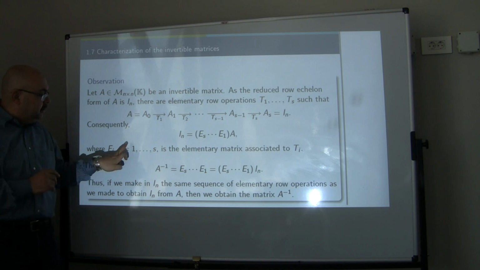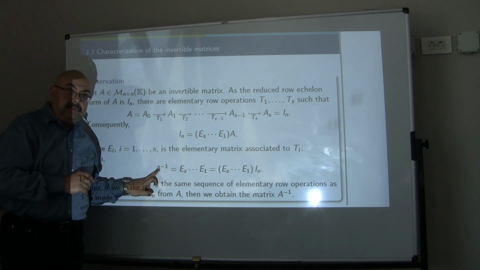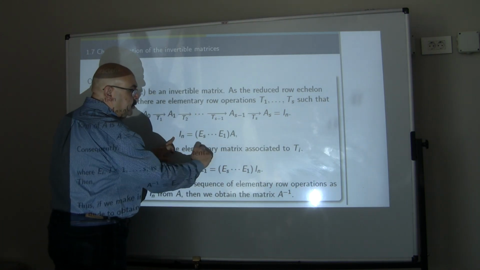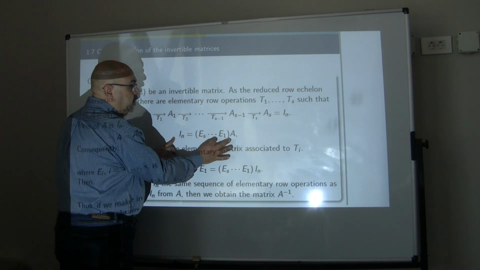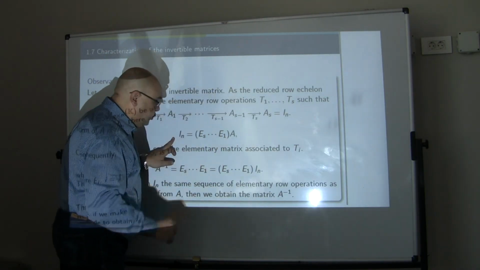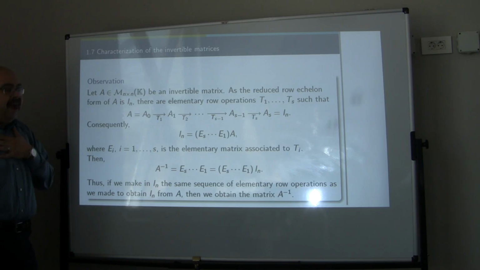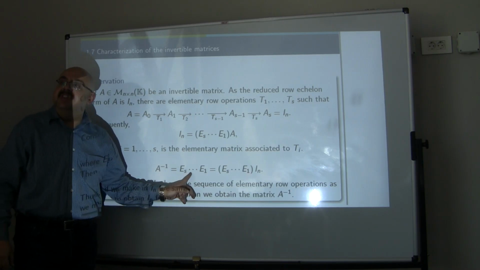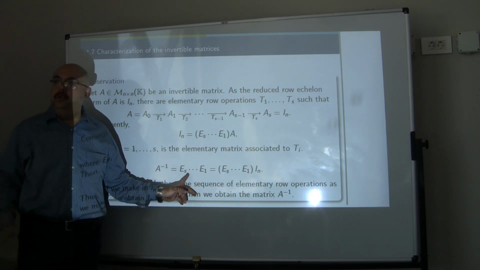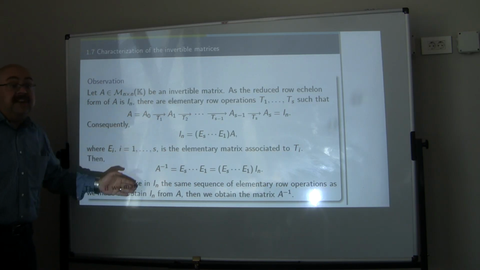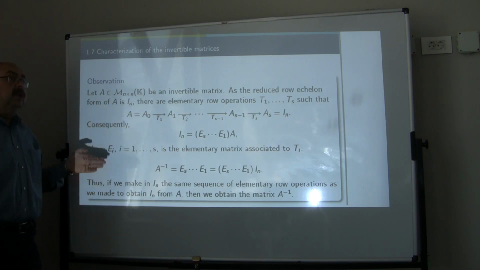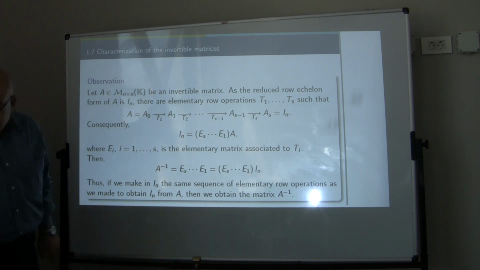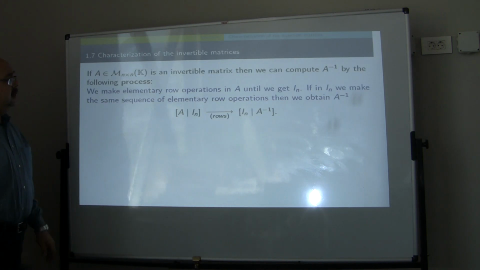It's exactly like multiplying A by its inverse. So if I is equal to the elementary matrices times A, the multiplication of all of these elementary matrices will lead to A minus 1. So now we know that A minus 1 is the multiplication of all the processes that you did in order to reach the reduced echelon form. This is why we use the row operation methods in order to get an inverse. Okay, I hope you understand this.